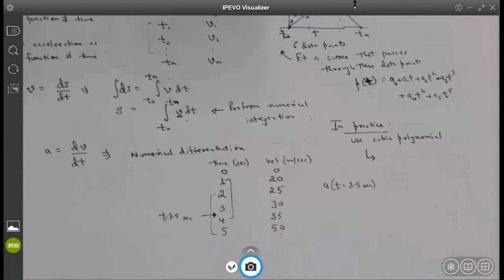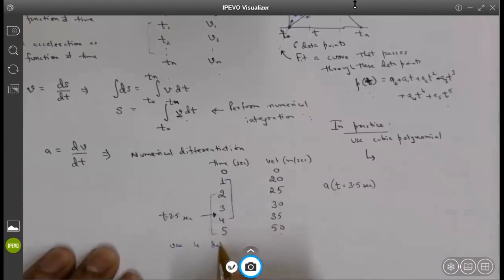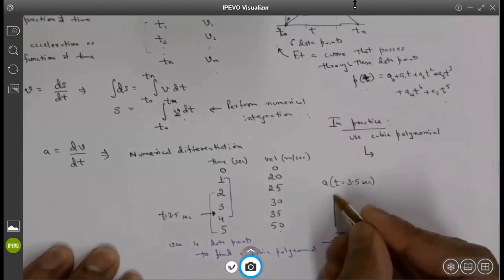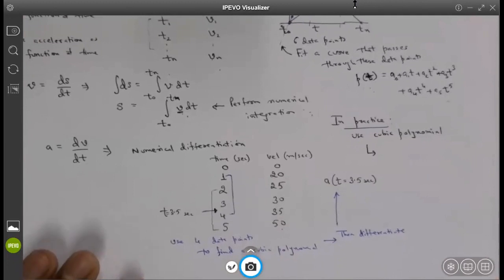Does it make sense, guys? Yeah, it makes sense. Use four data points to find a cubic polynomial, then differentiate to estimate acceleration at t equals 3.5 seconds.